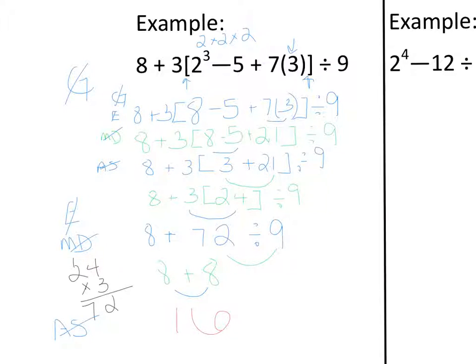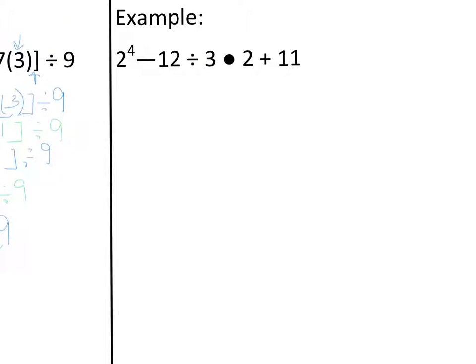Now let's go into the second example. Looking at the second example, again, we're going to write out our order of operations, and we start with grouping. There's no grouping symbols, which takes us into exponents. So in exponents, we have 2 to the 4th, which means 2 times 2 times 2 times 2. 2 times 2 is 4, 4 times 2 is 8, 8 times 2 is 16.